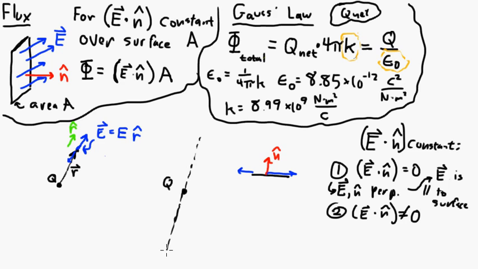You want a plane that has Q sitting in it. Then you'll see that the normal vector is always going to be this way on your surface, depending on which way you say your surface is facing. You could say it's facing this way, you get the same deal. And the electric field vector is always going to be pointing either in or out of Q, so these will be perpendicular.